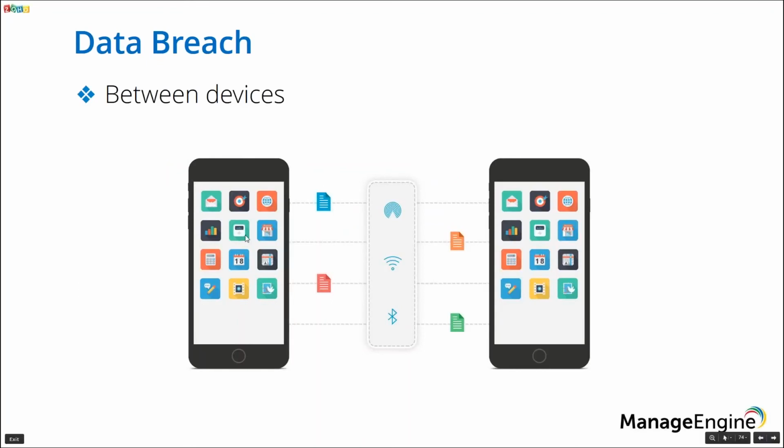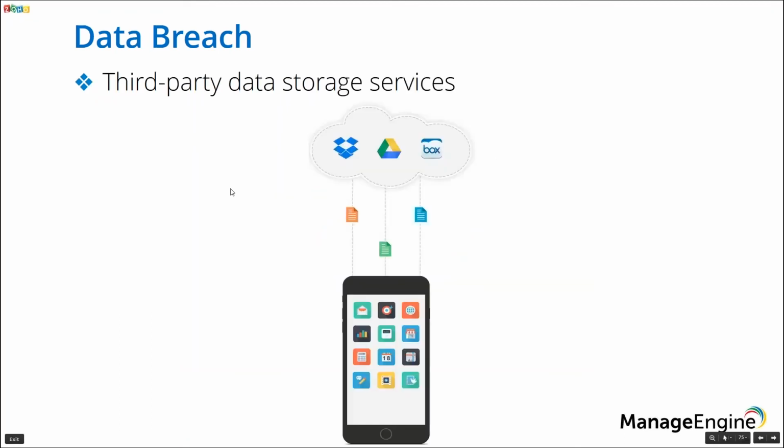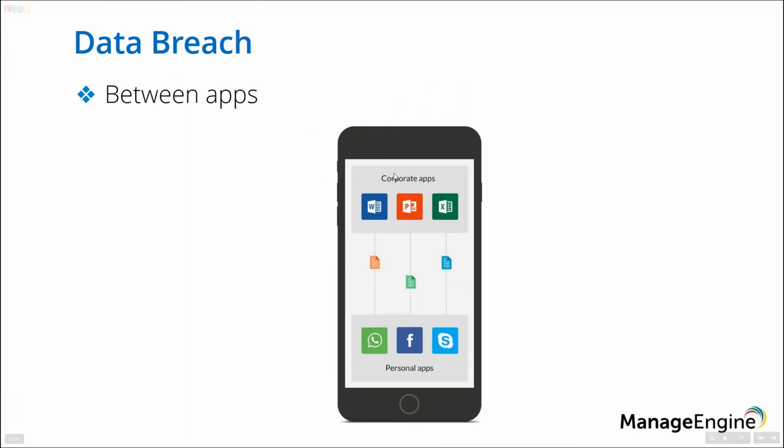First is the usual one, where data can be transferred from one device to another through AirDrop, Wi-Fi, or Bluetooth. So how can you enforce a security layer or a restriction on this type of breach? Second, there are possibilities where app information can also be stored on cloud services. How you can restrict that as well.